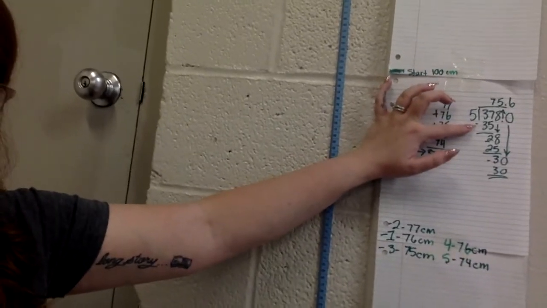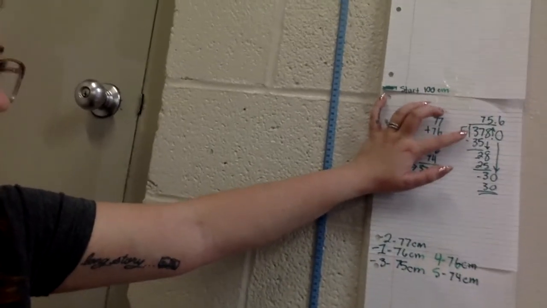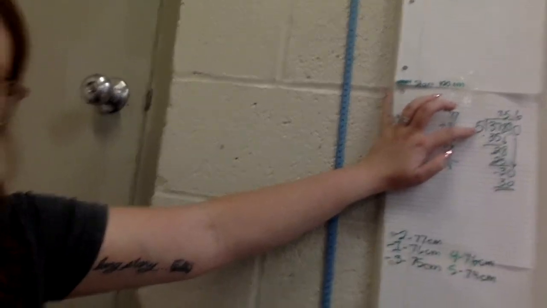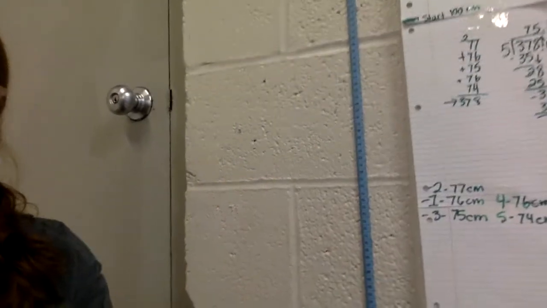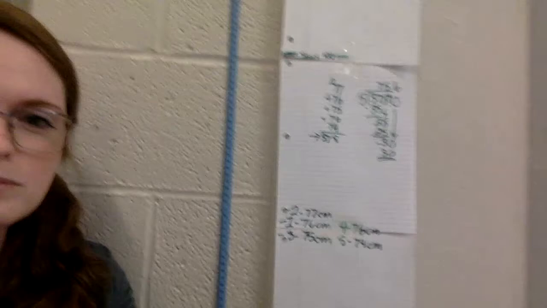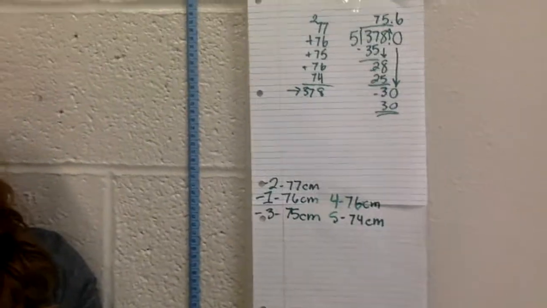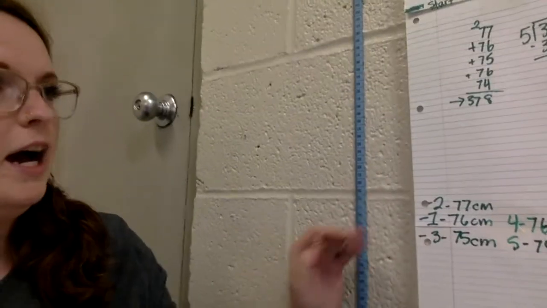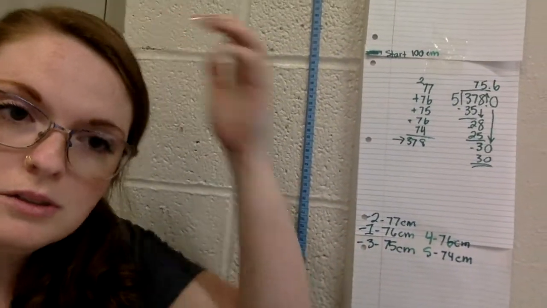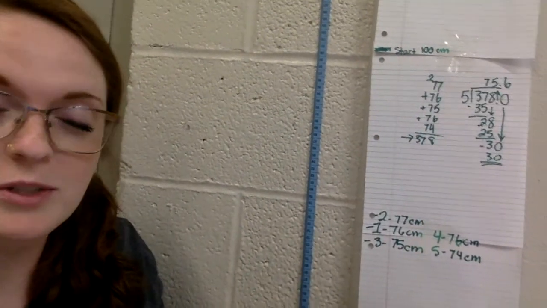Then I did some long division over here. So we did 378 divided by 5 to find our average. Our total is going to be 75.6 up here. Don't forget to bring down your numbers if you're doing long division.